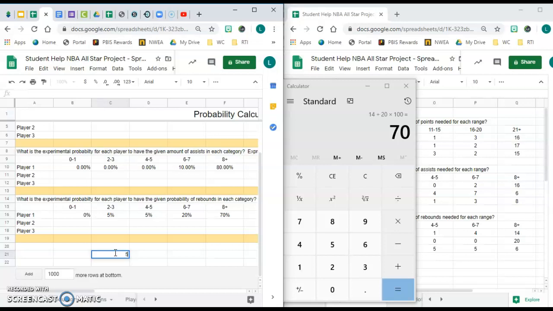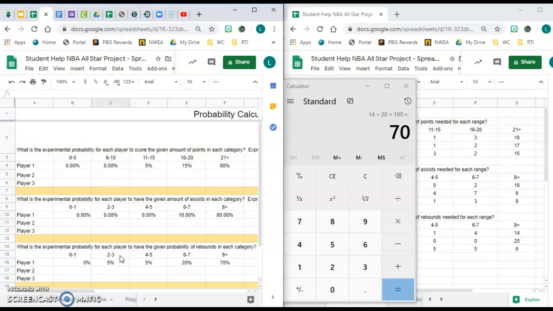Or you can put 5 and then go up and click on this percent, but then it multiplies your answer by 100. So now I'm gonna have to go back and just type in a 5 there to fix it. So you have many options. I tried to make it to where it already turns into a percent, but sometimes it gets messed up. Make sure they all are percentages because we want them to be a percent.